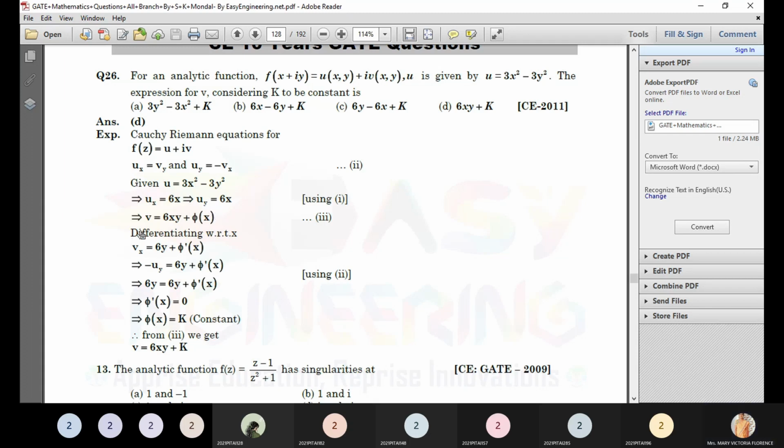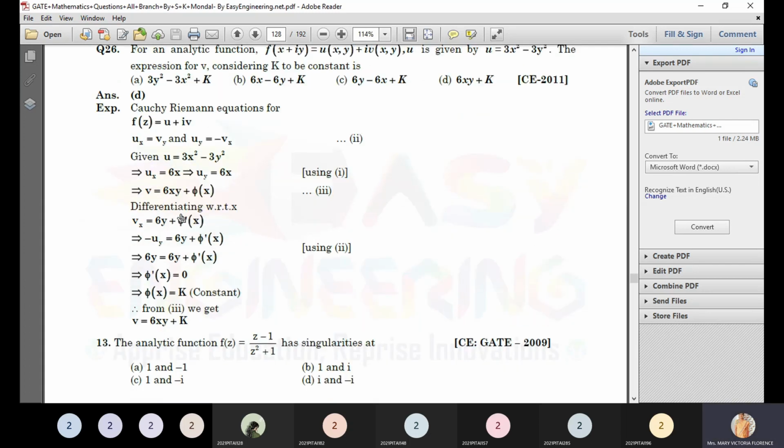Now v is equal to 6xy plus phi of x. Now differentiating with respect to x, vx is 6xy differentiation with respect to x, 6y, plus phi of x differentiation, phi dash x.